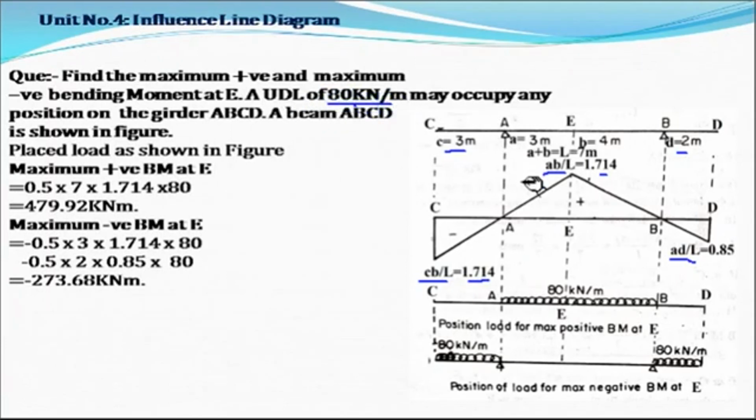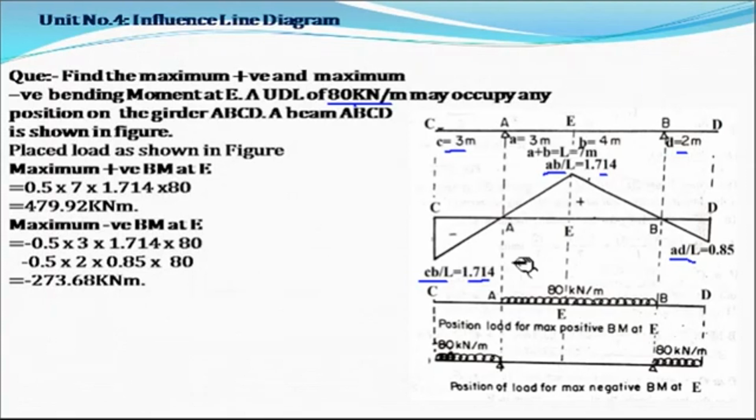The length is not given, but they are told to find out the maximum positive bending moment. So the length will be equal to this positive diagram, that is AB. So this is the position of load for maximum positive bending moment at section E.